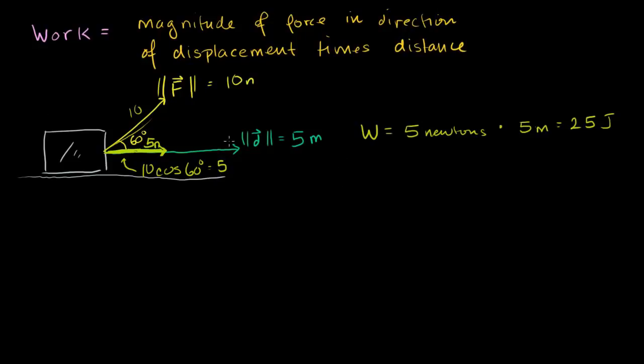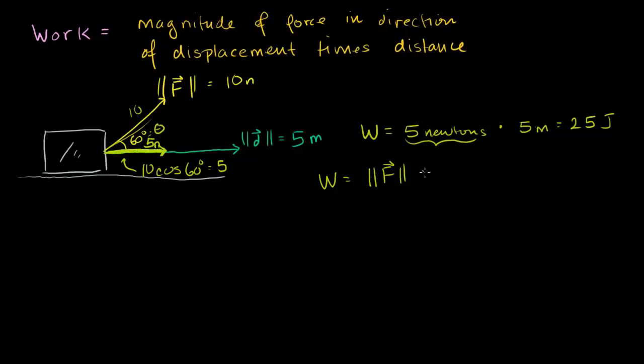If I wrote the work in the abstract, it's the magnitude of my force vector times the cosine of this angle, let's call it theta, let's say it a little generally.